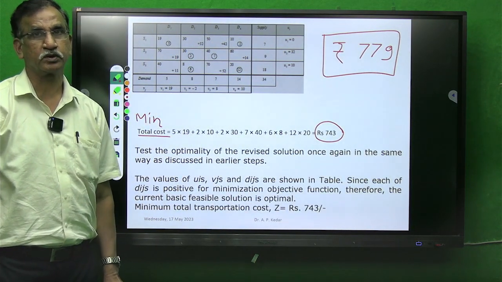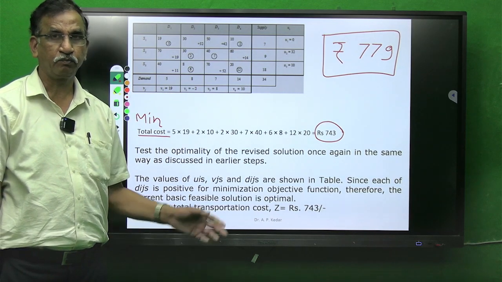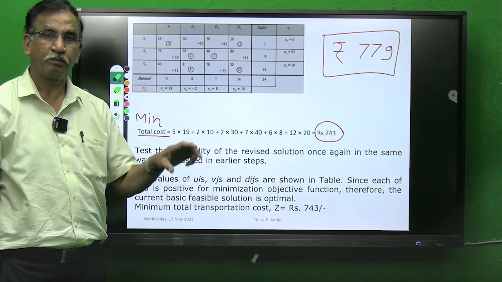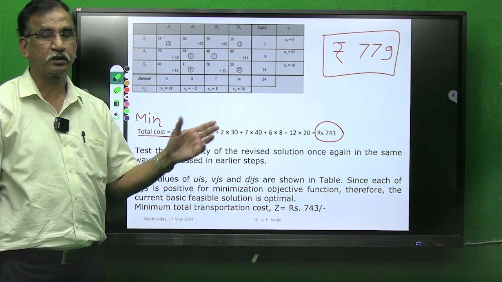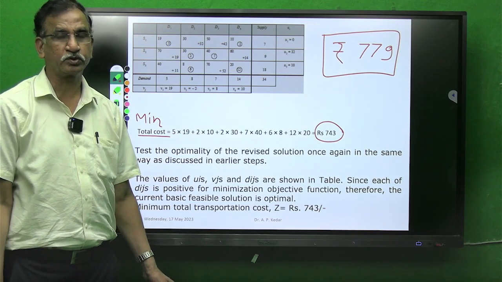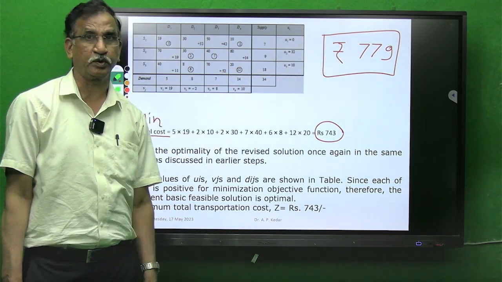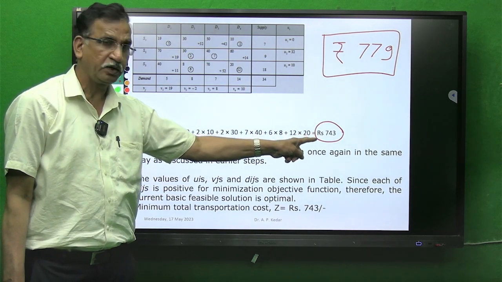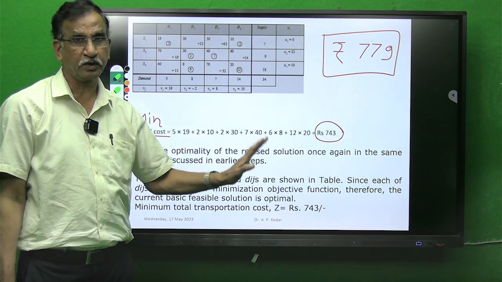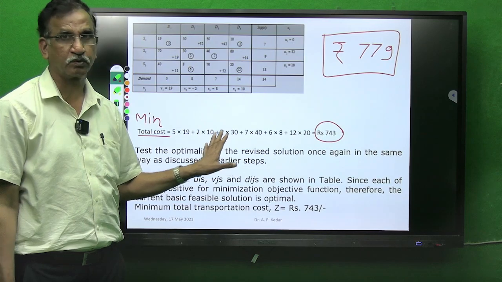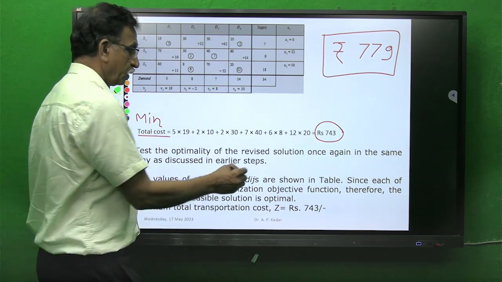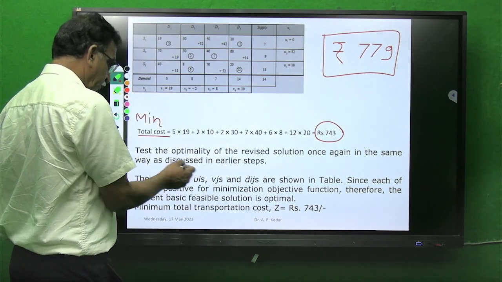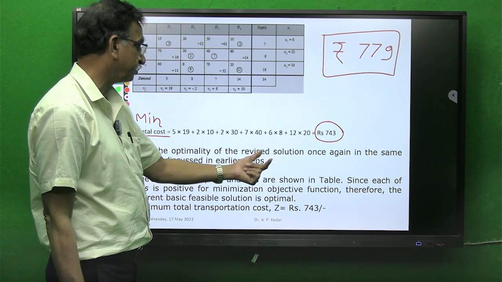If you recall, the first solution which we got by the VAM method, the minimum cost was rupees 779, and by calculating the value of opportunity cost we interpreted that this is not optimal, and we improvised. Further minimum cost is not possible for this particular problem. Hence, this is the way to interpret the test of optimality of the revised solution.